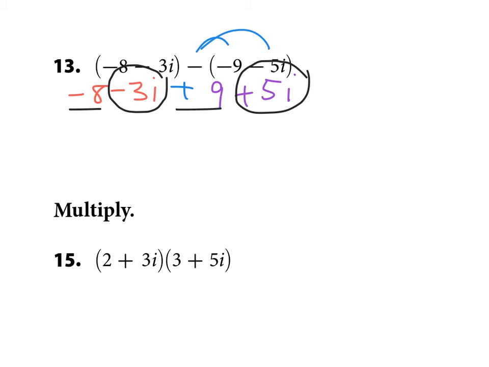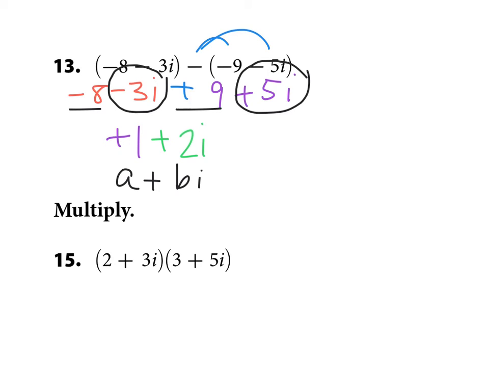And the -8, when you add them together, are going to become, let's go purple, this becomes +1, and then when you add this with this, it's still going to be positive because the 5 has the bigger sign. That's going to become a +2i.